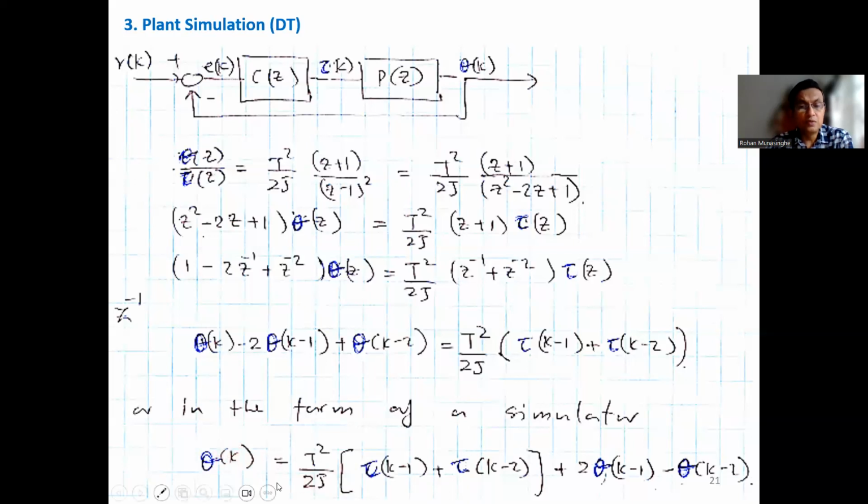And then you go to the second step with some torque, because in the simulation, if you want to see any motion, you have to give some torque. In the simulation, you can produce arbitrarily some torque, and you can put it over here: Tk minus 1, Tk minus 2, like that.